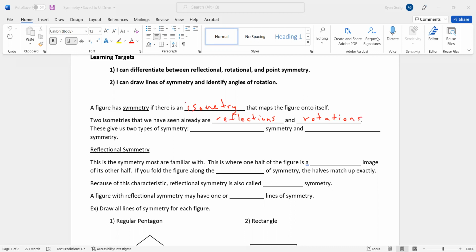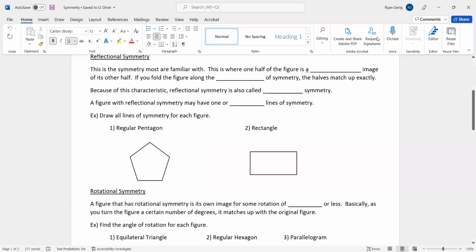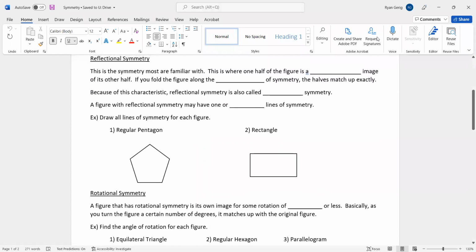All right. These give us two types of symmetry: reflectional symmetry and, you probably can guess it, rotational symmetry. So we're going to focus on the first one first, reflectional symmetry. This is the symmetry most people are familiar with.